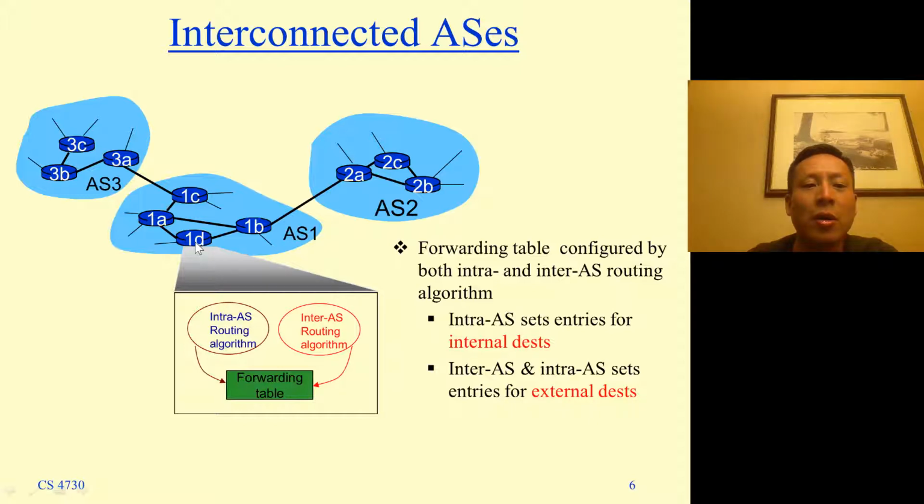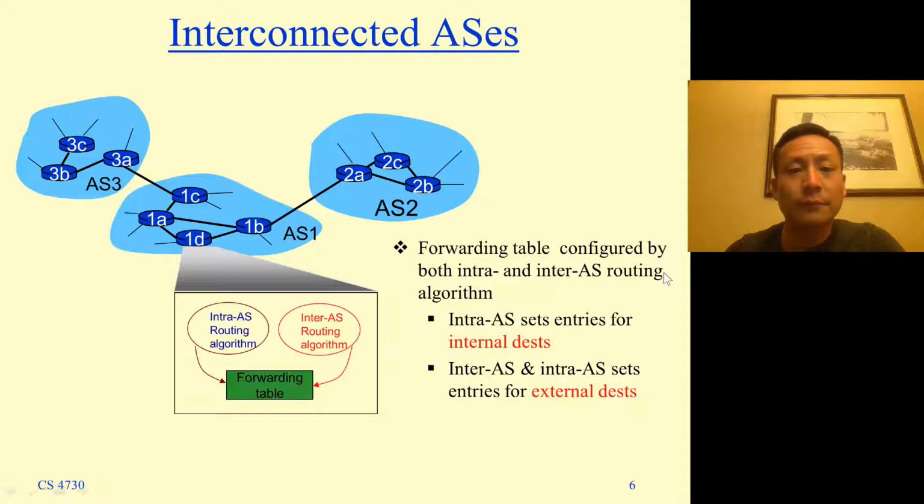First you have to forward from this router to 1C or 1B, and then 1B or 1C needs to know how to forward it to the outside peering gateway. So for an external destination, both inter and intra will kick in. But for internal destinations, intra-domain routing is sufficient. Make sense?